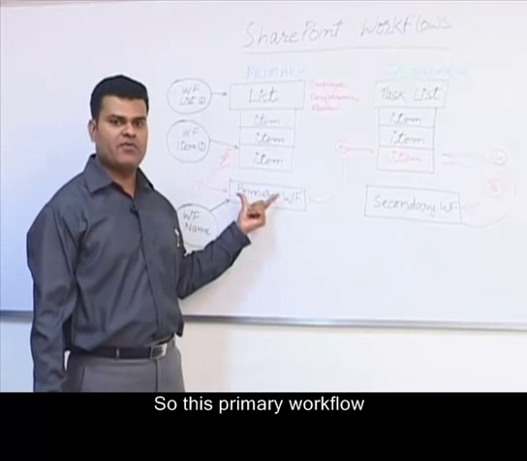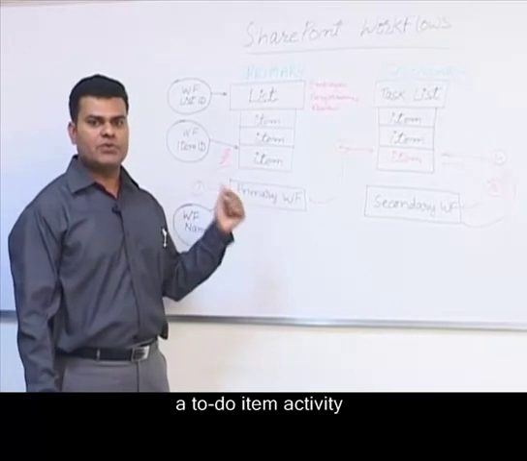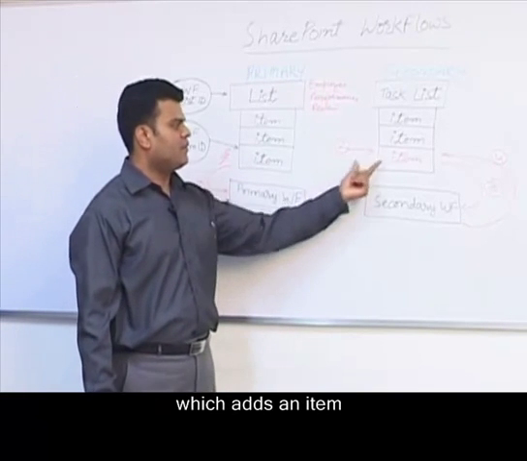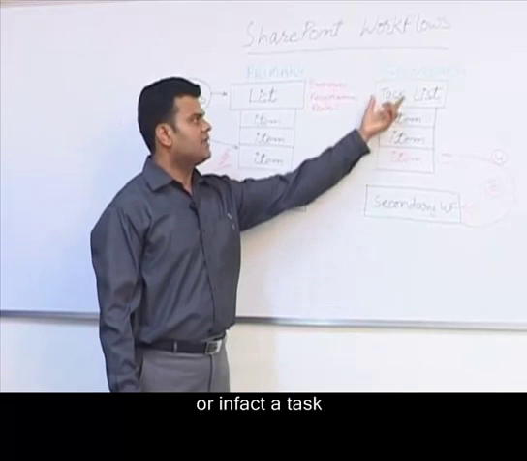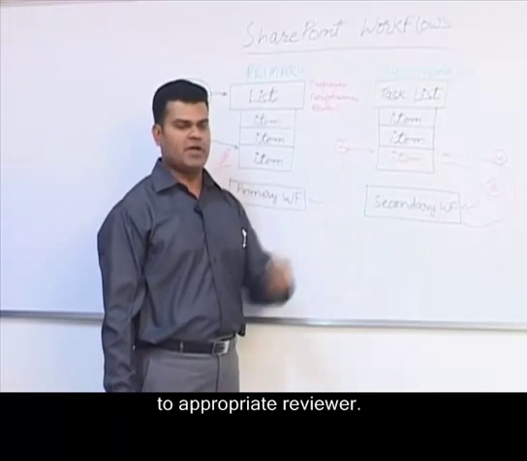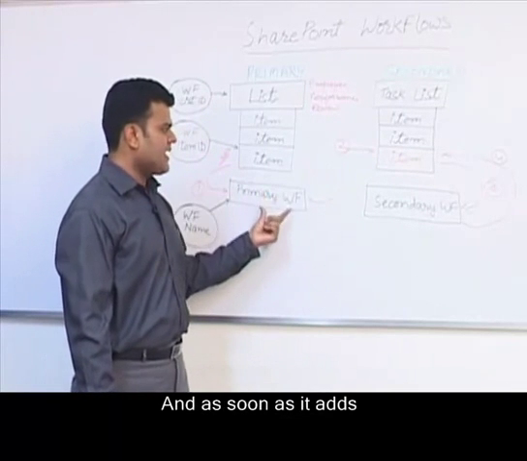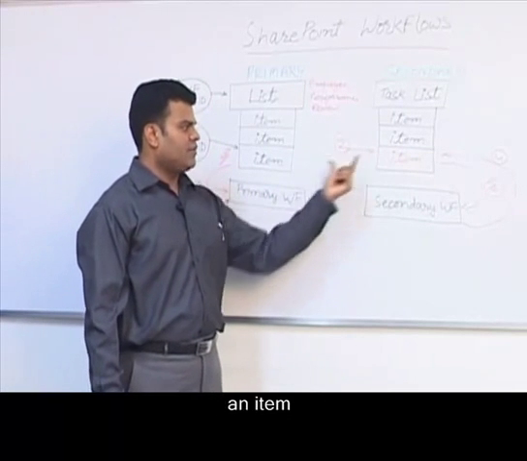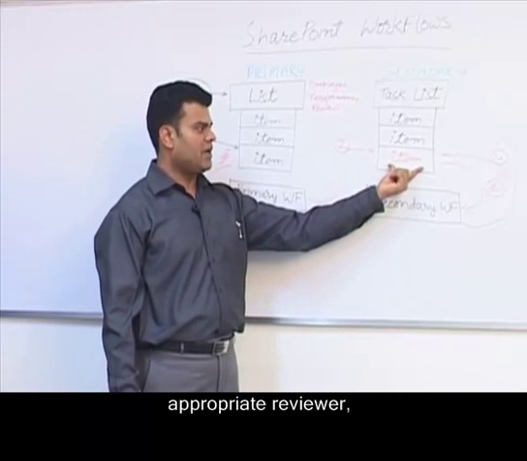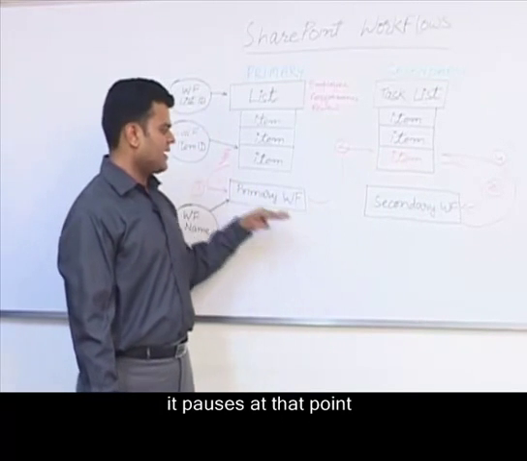This primary workflow has an assign a to-do item activity, which adds an item, in fact a task, in the secondary task list and assigns that task to the appropriate reviewer. As soon as it adds the task and assigns it, it pauses at that point.